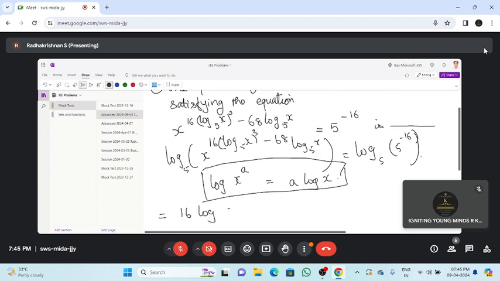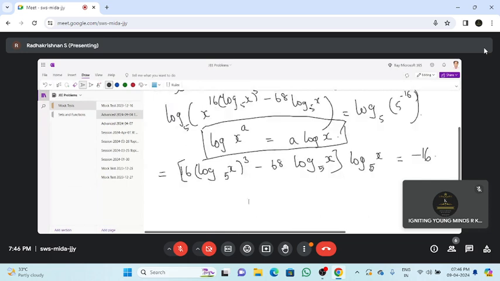Okay, a is written. Now on the right hand side, log of 5 to the power of minus 16 to the base 5 is what? Minus 16. Very good. So this is your first equation.